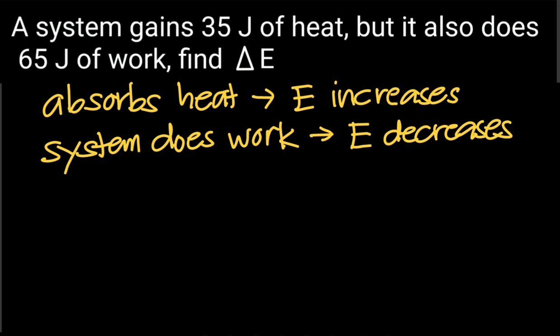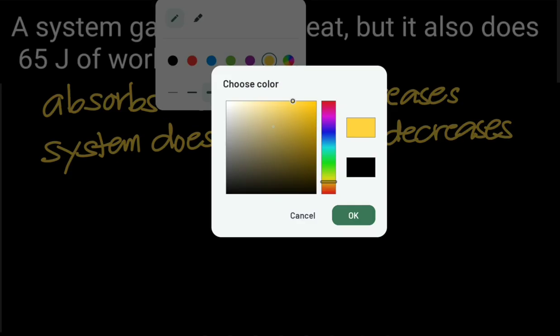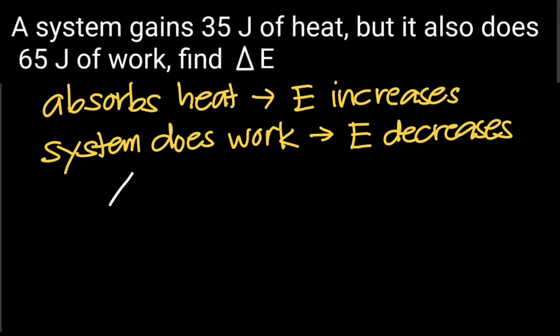And now let's identify the given in the problem. We're given the heat gained by the system, which is 35 joules, and the system does work, which is 65 joules. Then we use the formula for the change in internal energy given the heat and work: delta E, or in some cases U, as internal energy, equals the heat minus the work.